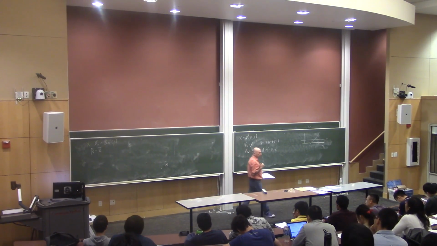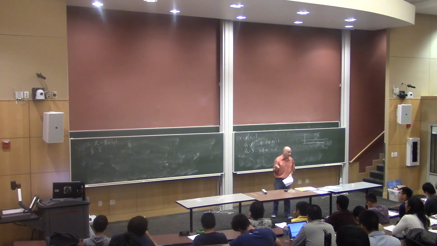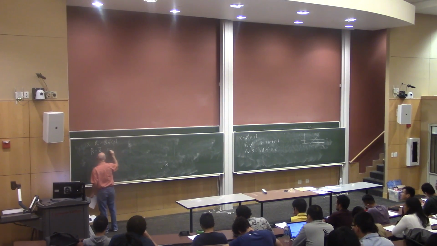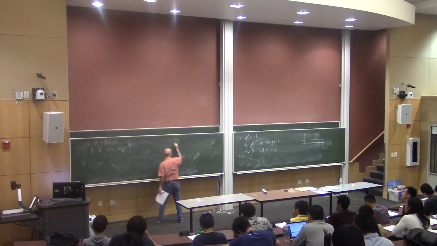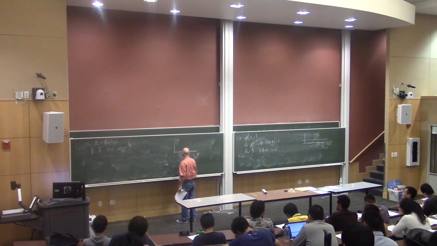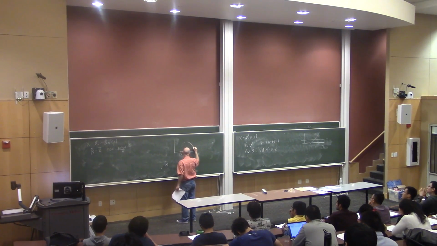So first of all, what's the bias of that estimator? 0. So the MSE is just the variance. So what's the MSE? Right. Minus P over here. So let's draw that. It's like this, right?